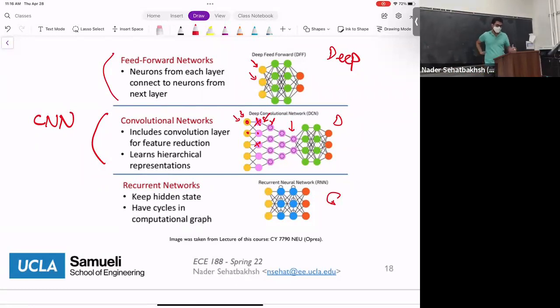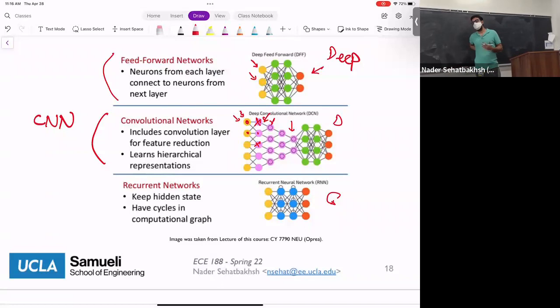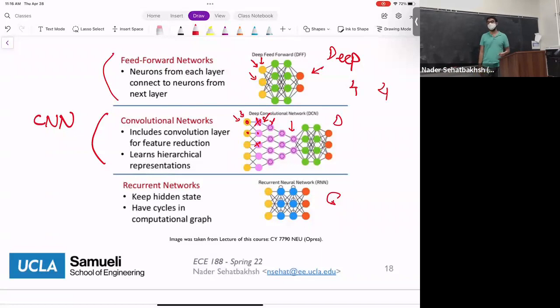One important difference in why we use CNNs and RNNs and so on is that fully connected or feed-forward networks are the most complex in terms of computational complexity. Why? Because essentially any neuron is connected to all the neurons in the next layer. So if we have, for example, 4 neurons in this layer and 4 neurons in the next layer, everybody is connected to everybody, so you multiply this.